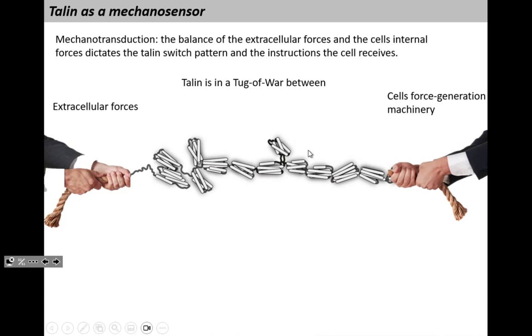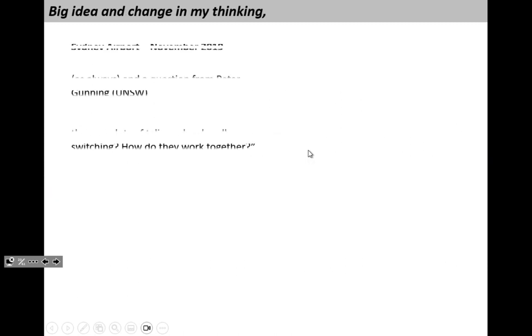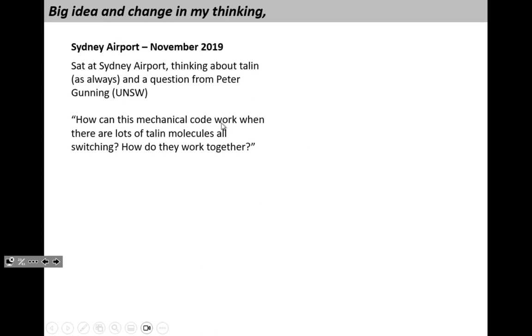And you've also got the force-generating machinery from inside the cell pulling on this. So this means that you get robust patterns, but these are very variable and dynamic, because there's two contributing changing variables.